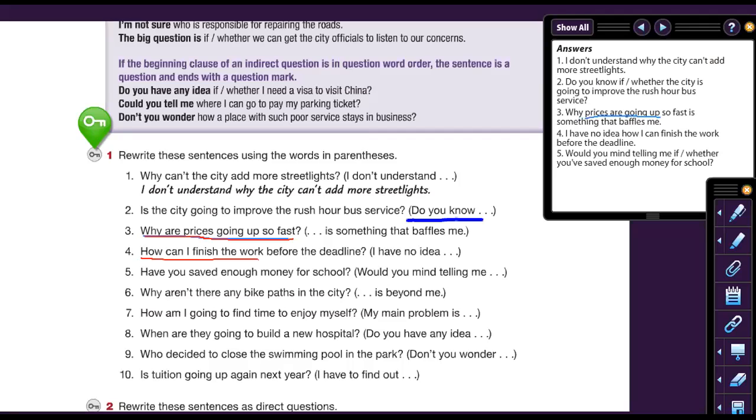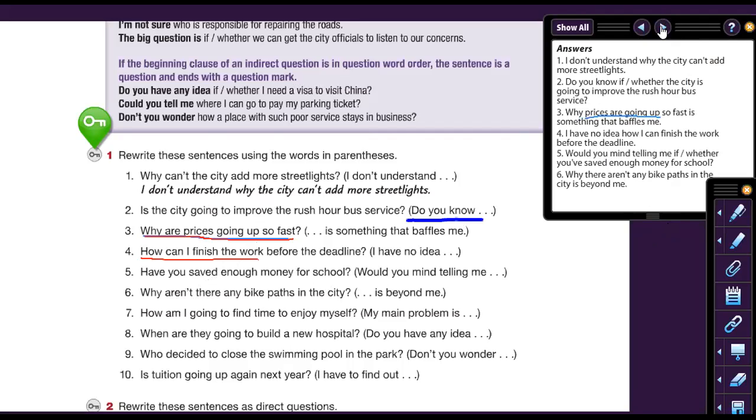Why there aren't any bike paths in the city is beyond me. Exactly. So there you go.